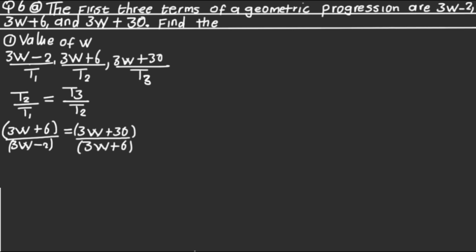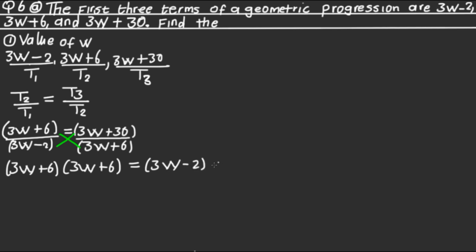Then we need to cross multiply. (3w plus 6) will multiply 3w plus 6. 3w minus 2 will multiply 3w plus 30.